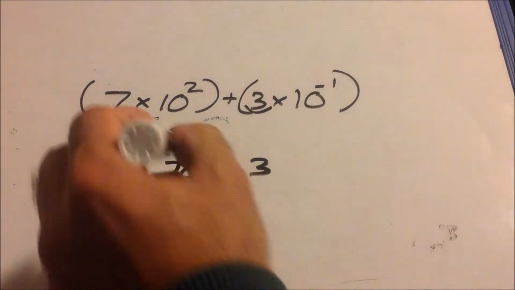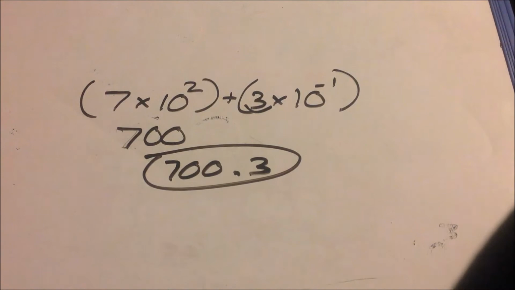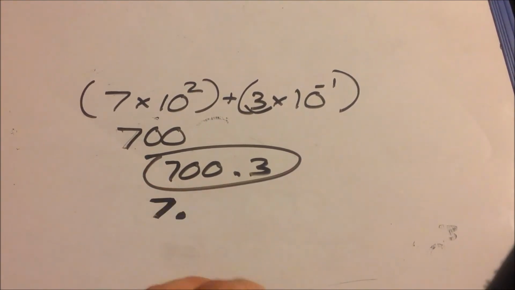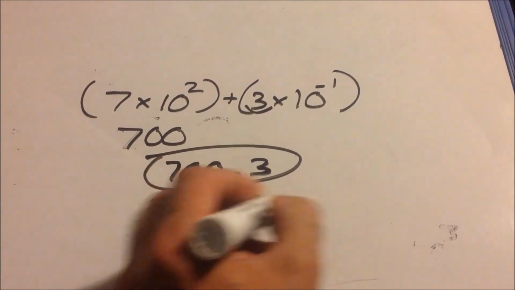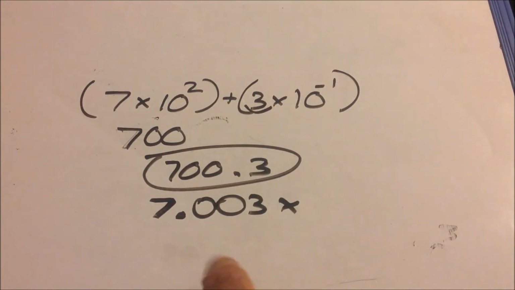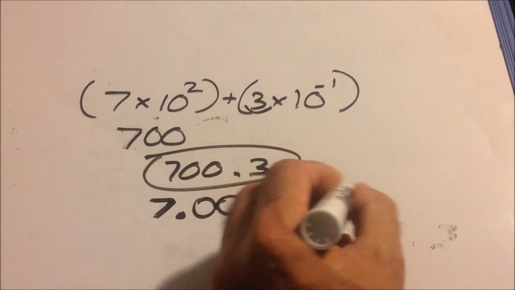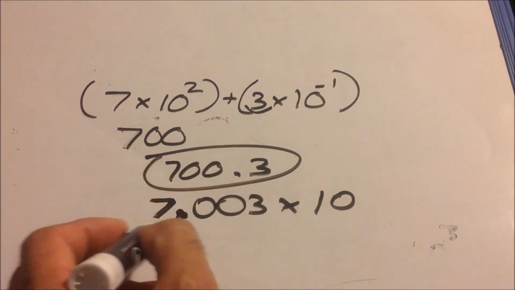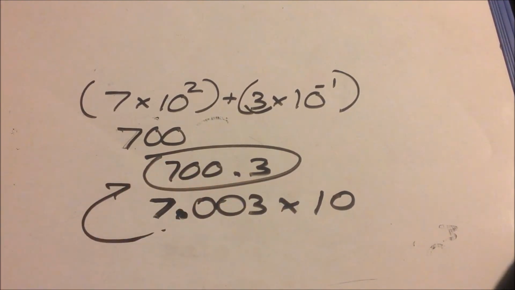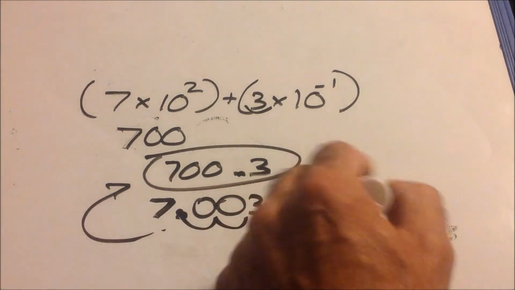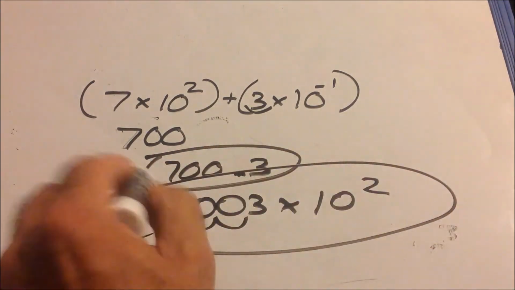That's in standard form. So in scientific notation, remember the first digit, then the decimal: 7.003. You have to put the zeros because there's a whole number at the end. Now, how many times should I move this decimal so we can get this answer right here? We want that decimal there, so we move it 1, 2, twice. There's the answer in scientific notation.